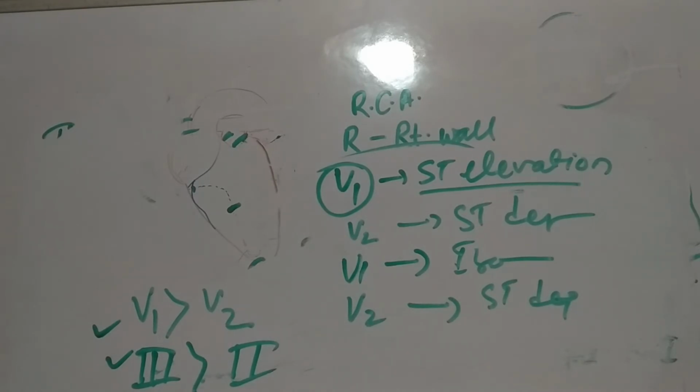And another thing we can look for is reciprocal changes you might find in different leads, okay, and most importantly, as we have already told, where did the diagram go?